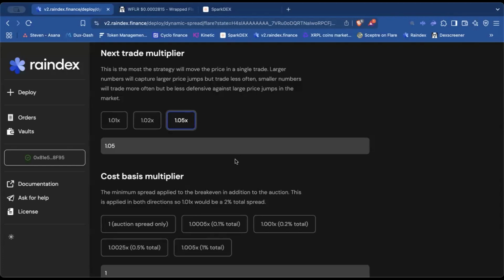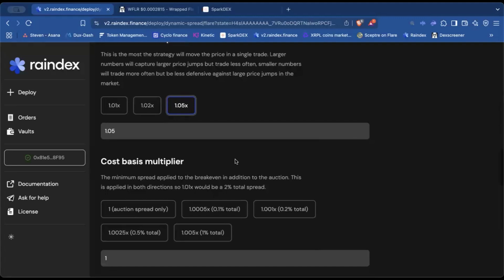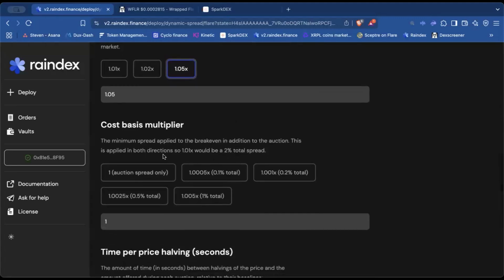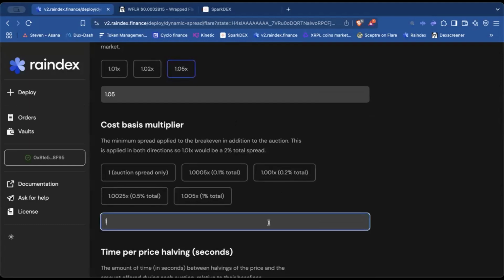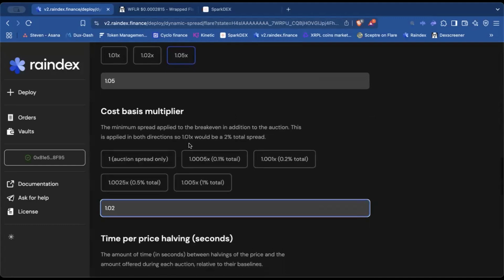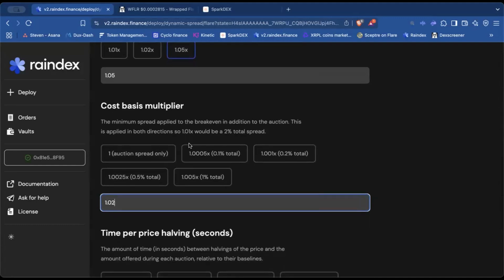Exactly. So then the cost basis, I have it at 1.02. And you have to type it manually. Yeah. And what is this? So that means that every time you do a trade, the next time you have to have a 4% spread on that trade.